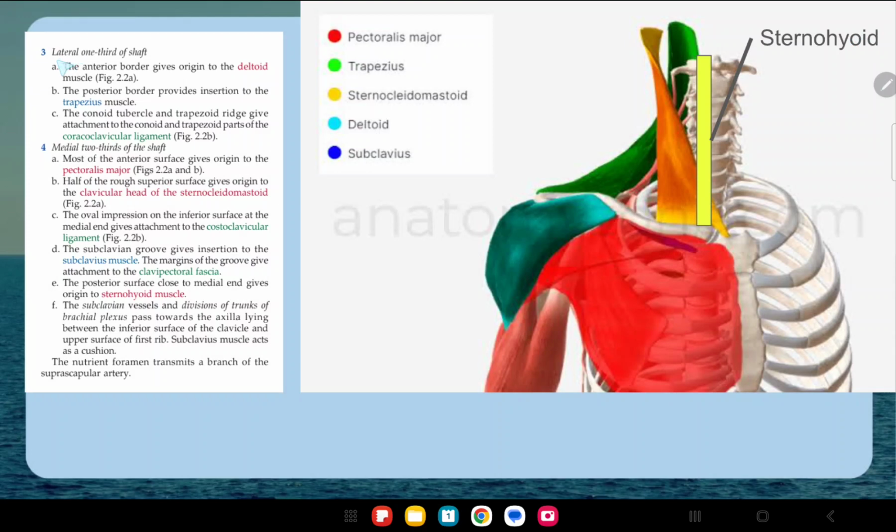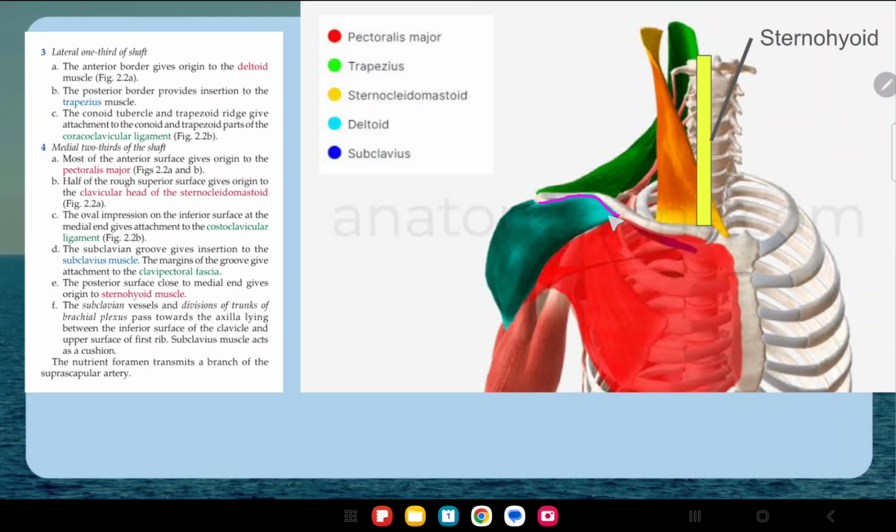The third point, the lateral one-third of the shaft. When we say lateral one-third, this means we are talking about this area. The anterior border gives origin to the deltoid muscle. See, this is the deltoid muscle in green color.